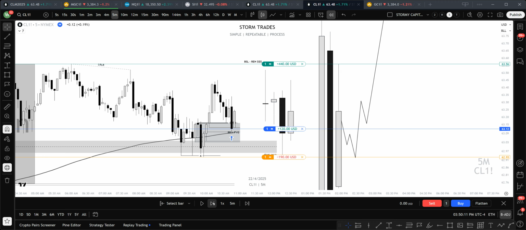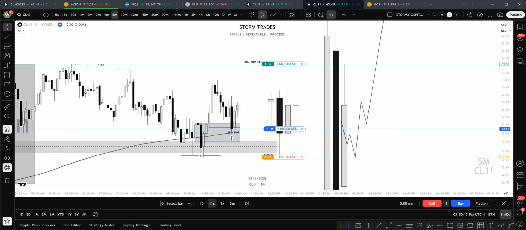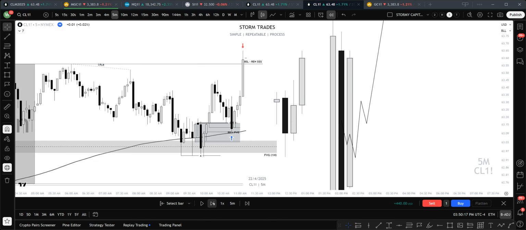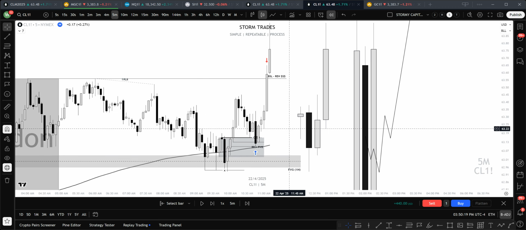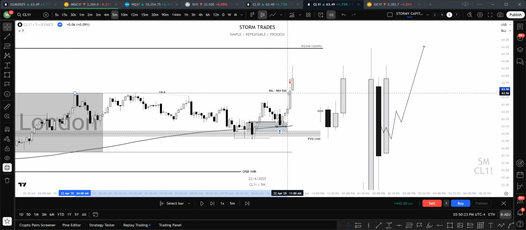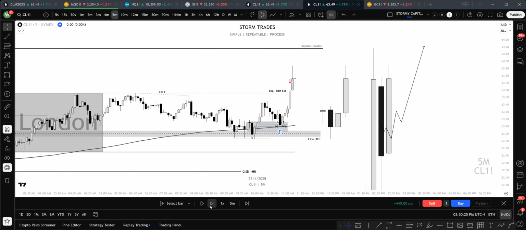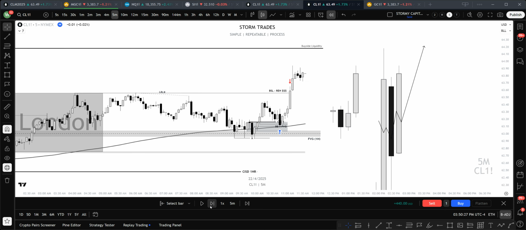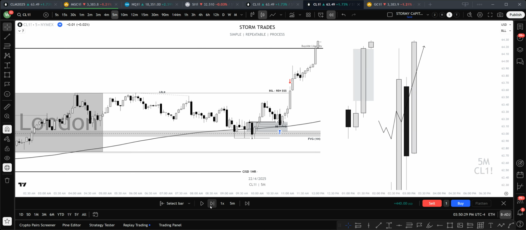And let's watch this play out. Just like that. Now, something to note, watch as we continued all the way up to take that buy side.